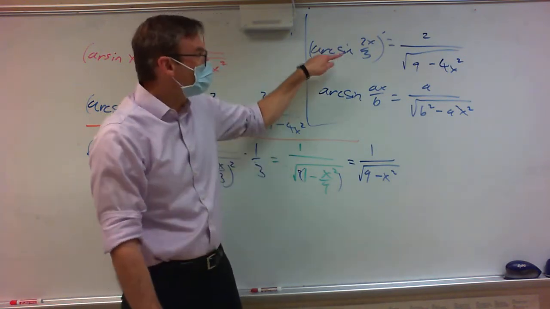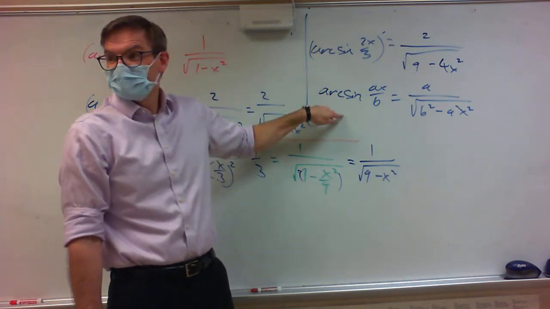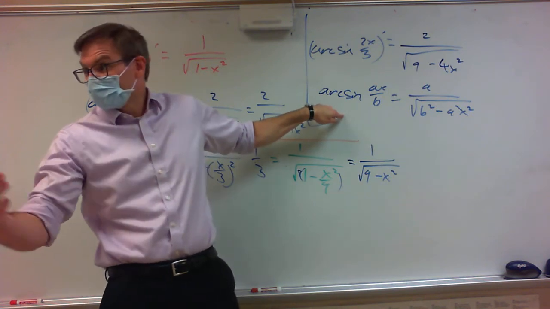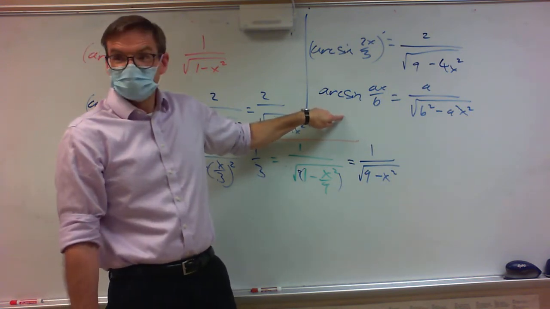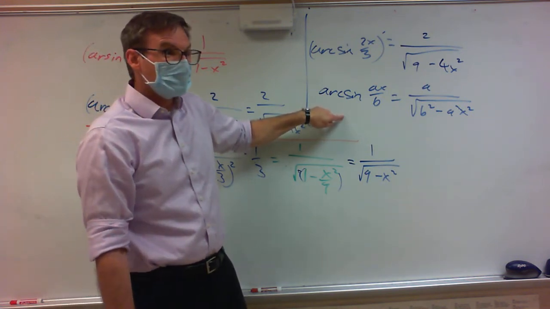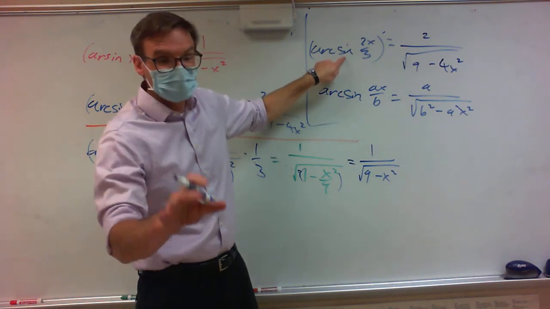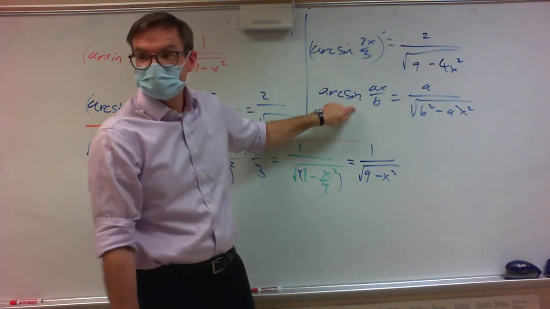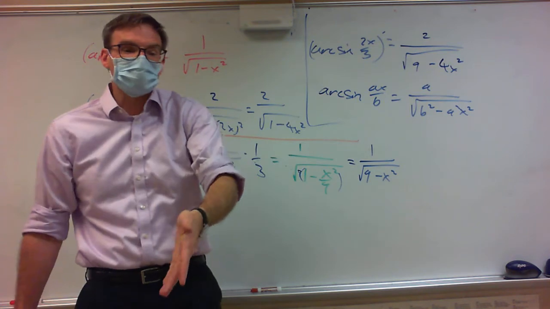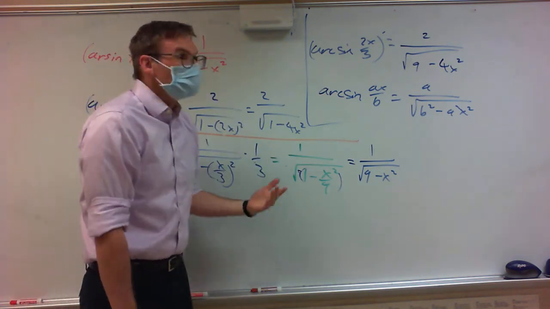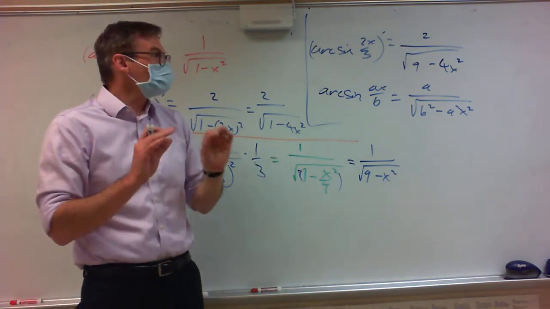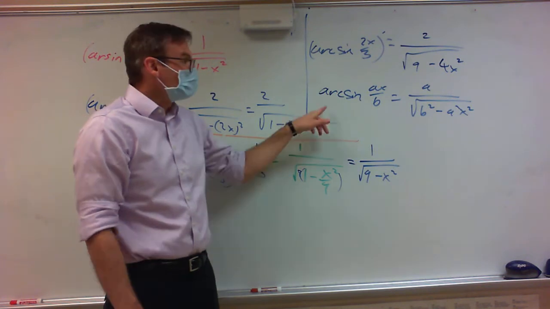To me, this makes more sense than this. I don't know how y'all feel. I like seeing stuff with numbers, but if you like seeing stuff with letters, this is the official thing that your textbook, or any textbook, has. If you type in, what's the derivative of arc sine, they're going to give you this pattern.